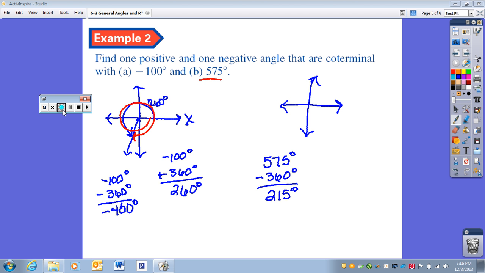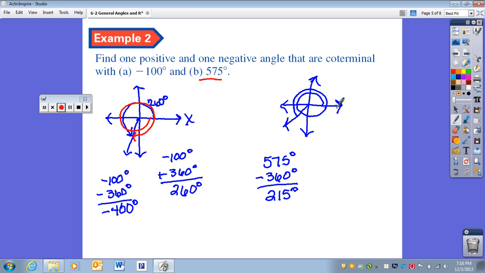So if I were to draw in the angle of 575 degrees, we would have our angle first. That would be 360 degrees. And then we come around again for another 180. And coming back down to here would be at 575 degrees, approximately.